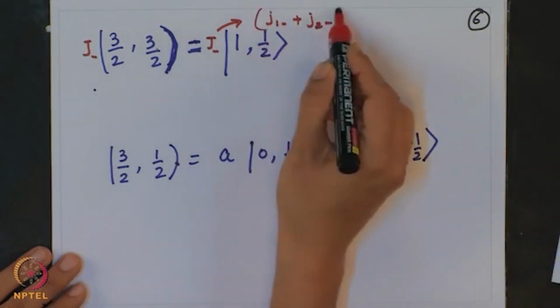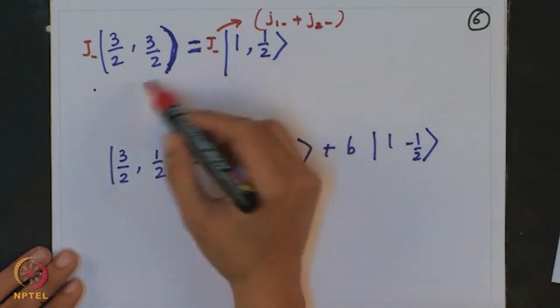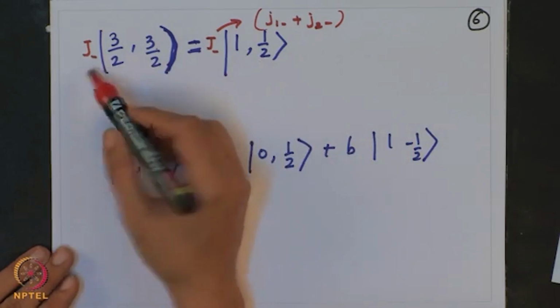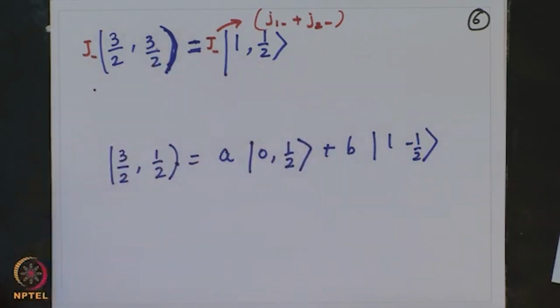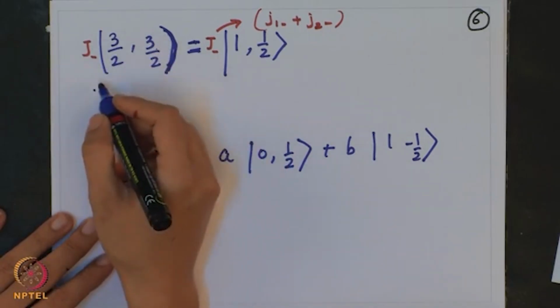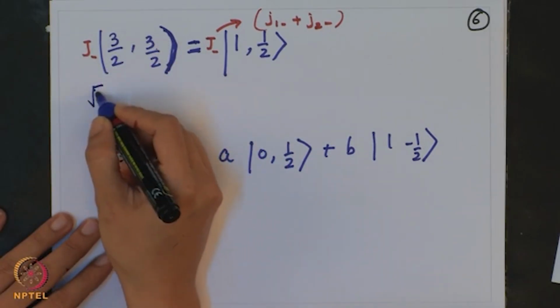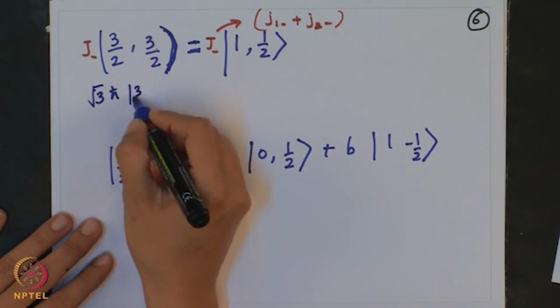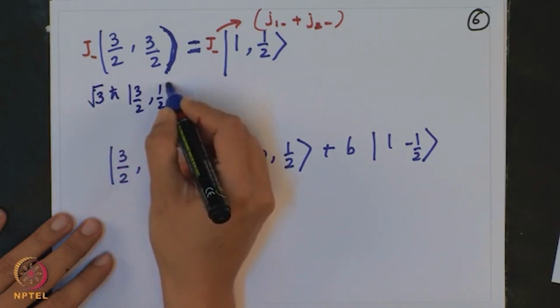This is what you are going to do in this step. So, when you do this, this term is very easy to check, because you can easily calculate the coefficient of this. This will come out to be 3h cross 3 by 2 and half.